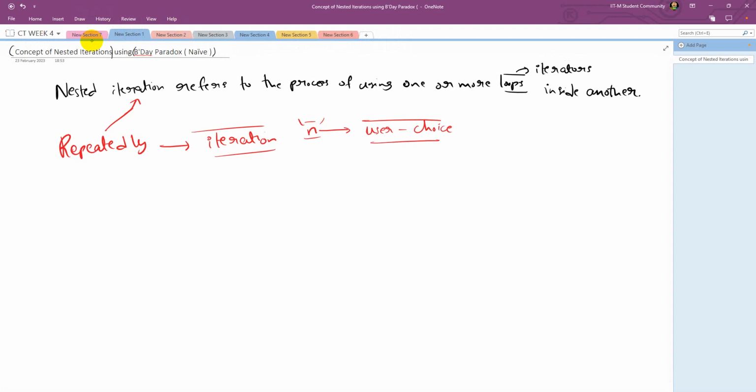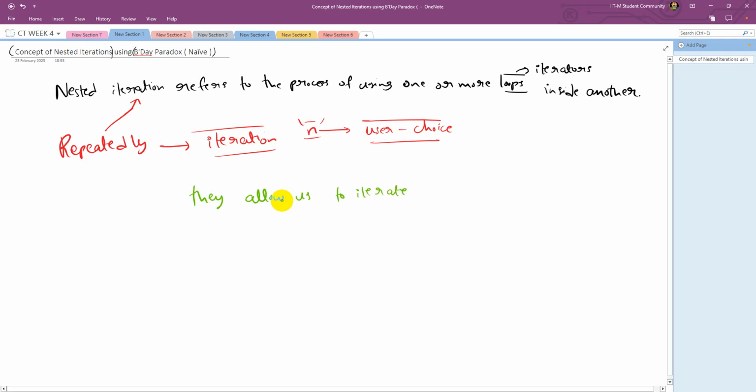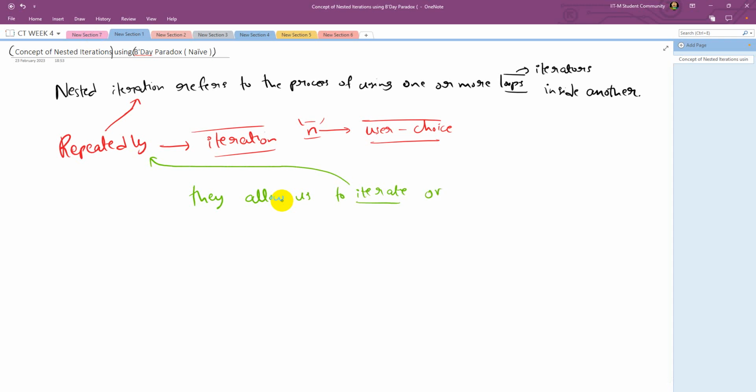I hope that all of you are clear so far. N means user choice, and thereafter, iteration and nesting are different, but when iterations are nested, one inside another, they allow us to iterate, which means repetition, over a set of values.